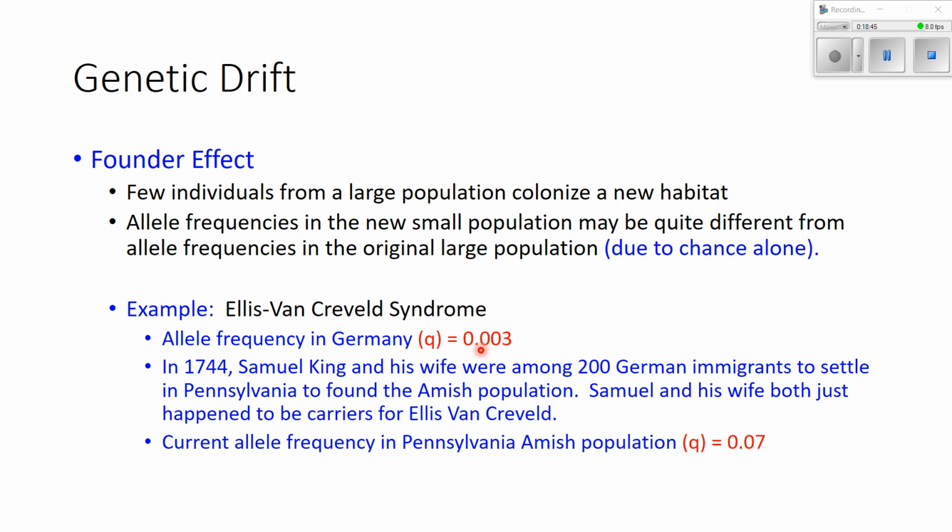Well, in 1744, a small group of German people left Germany, sailed across the Atlantic, and settled in America in what is now Pennsylvania, and founded what we know today as the Amish population. So I don't know how many Amish there are today, but it started out as 200 people from Germany, and we know what year this happened. It was 1744.